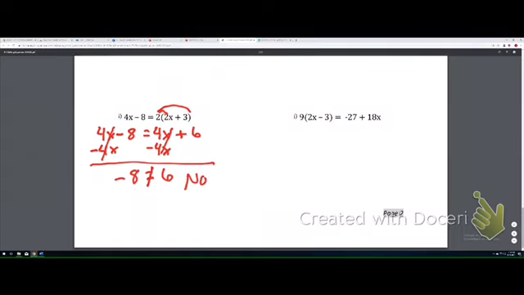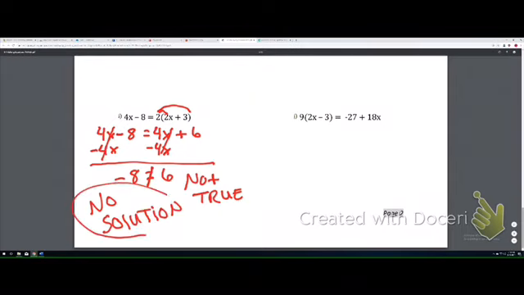This is not a true statement, which means your answer is going to be no solution. Or NS. No solution or NS. So this is an example right now where you're not going to get an answer.